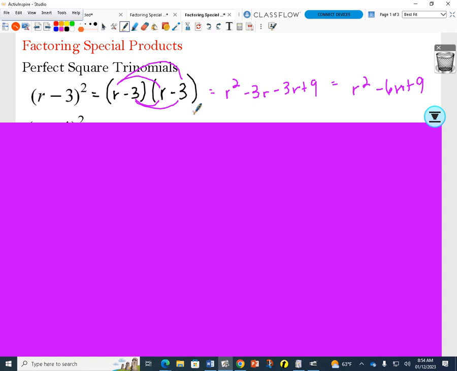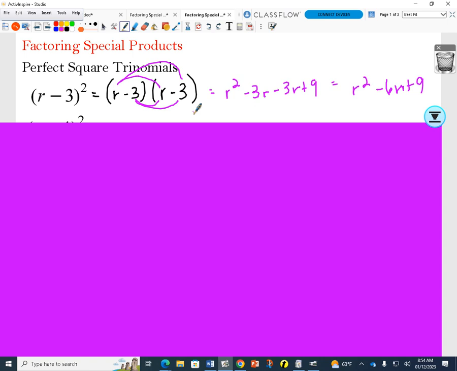All right. So here, if we want to use the shortcut, all I do is look at the binomial.